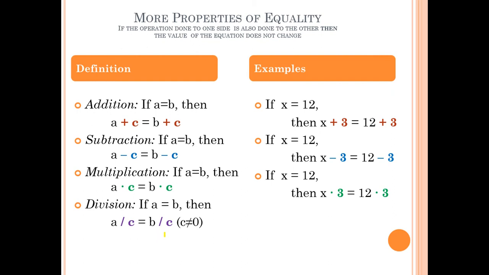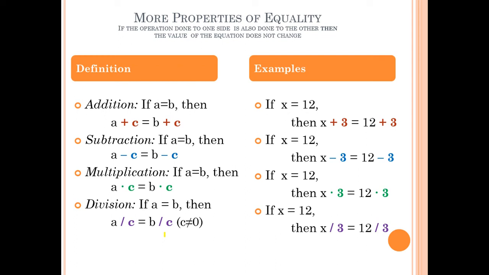Division property: again, if we divide a by c, then we have to divide b by c. So if we have x equals 12 and we divide x by 3, we have to divide 12 by 3.